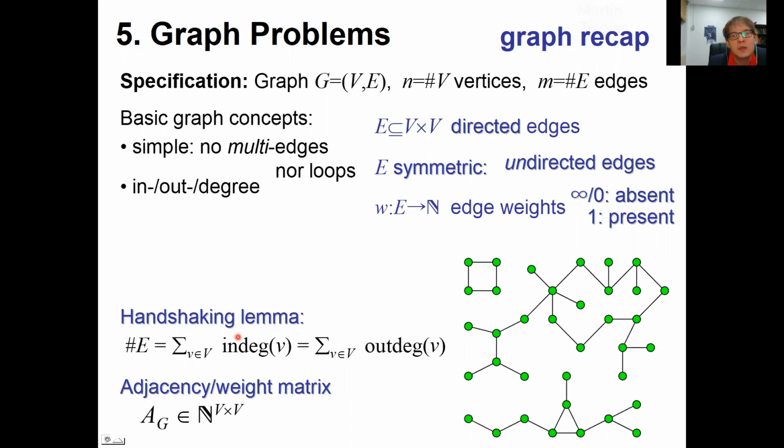So for each vertex, we count how many edges are outgoing, and then we add this for all vertices of the graph. And the two numbers must be equal because they both simply count in different ways, in different orders, but what they both count is simply the total number of edges.